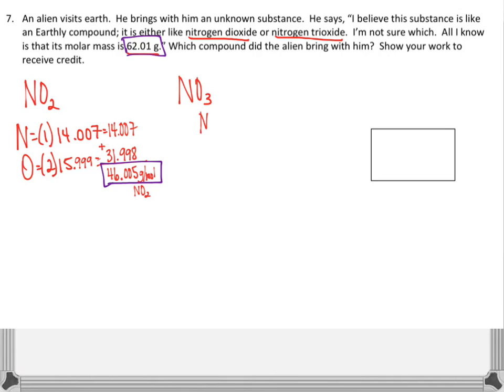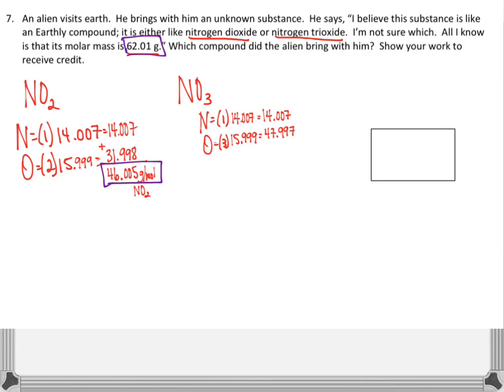So again, I'm going to organize my information. I have 1 nitrogen, 3 oxygens. Nitrogen's atomic mass, 14.007. Oxygen, 15.999. So again, 1 nitrogen, so it stays the same. But 15.999 times 3 gives me 47.997.